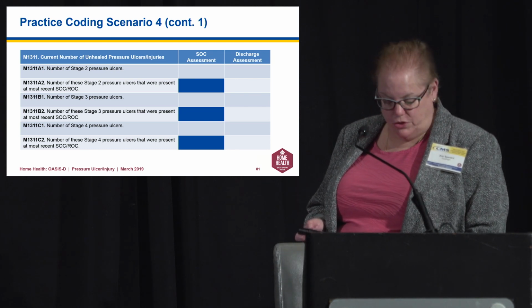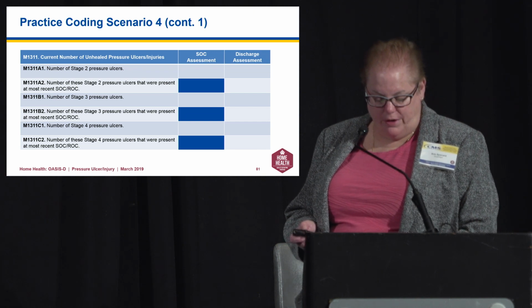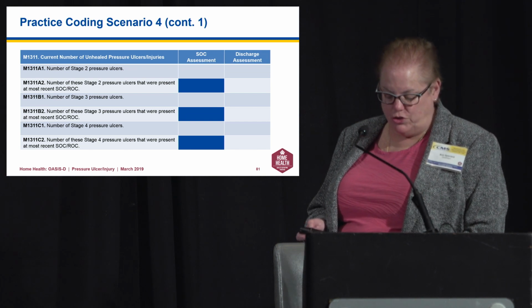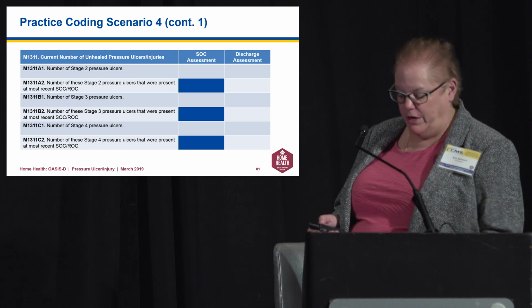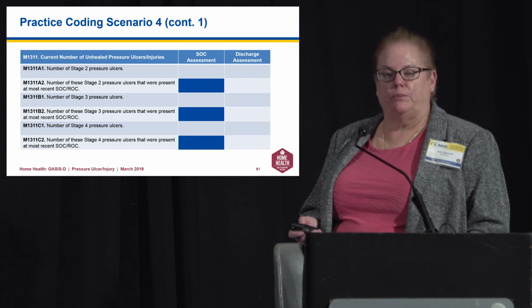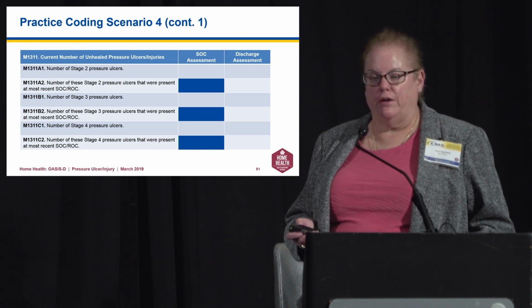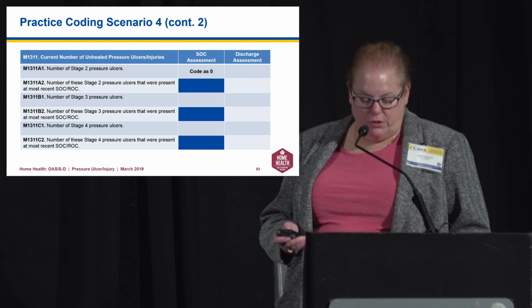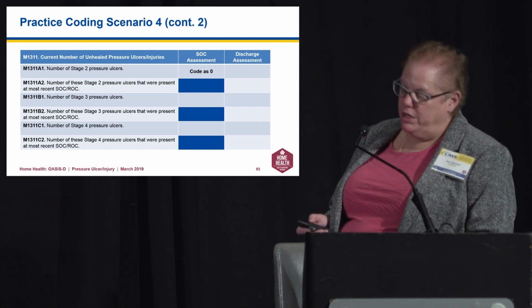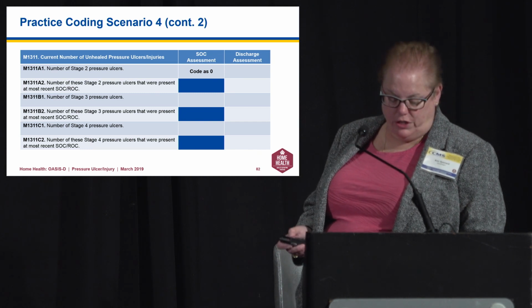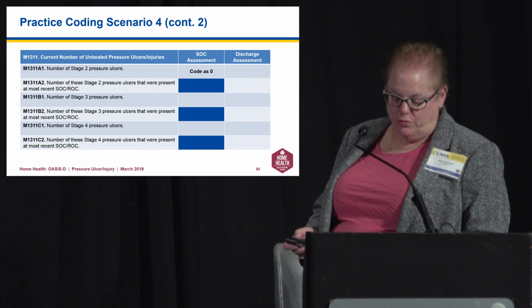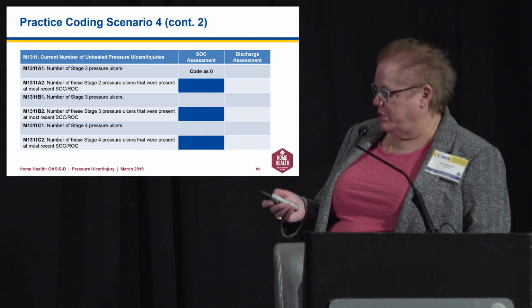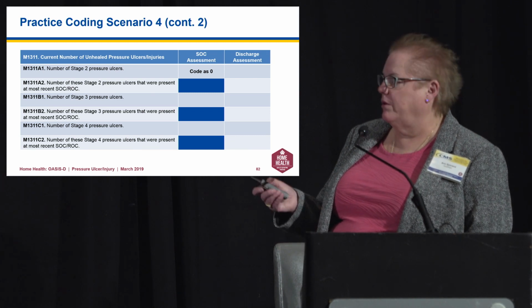So the first question is 1311A1, number of stage 2 pressure ulcers at the start of care. Do we have any stage 2 pressure ulcers at the start of care? No, so we'd have a 0. Okay, the second question, looking at the discharge assessment: number of stage 2 pressure ulcers on the discharge assessment. 0, right?